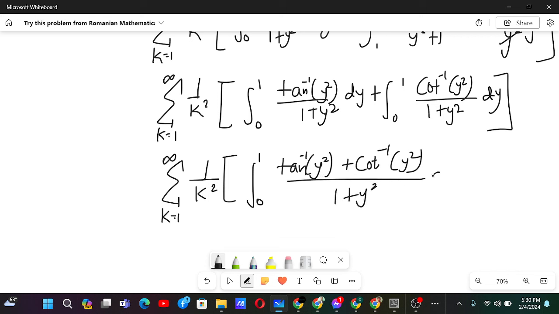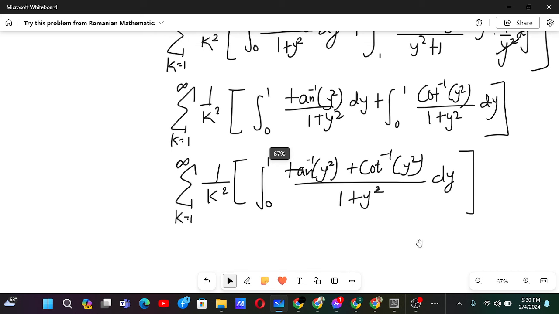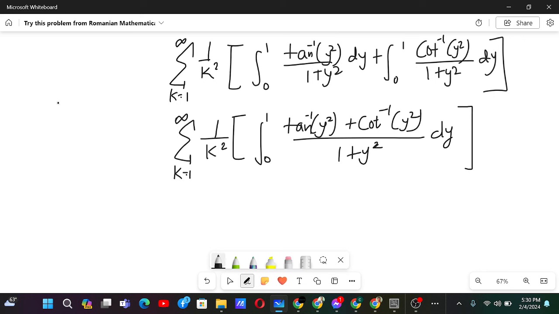Now this is in a purely simple form, because we know tan inverse theta plus cot inverse theta is actually pi by 2. And if you want proof of that, it's pretty simple. Let's say we have this triangle with a right angle of 90 degrees. Let's say this is alpha, this is beta. Let's say x is a by b.